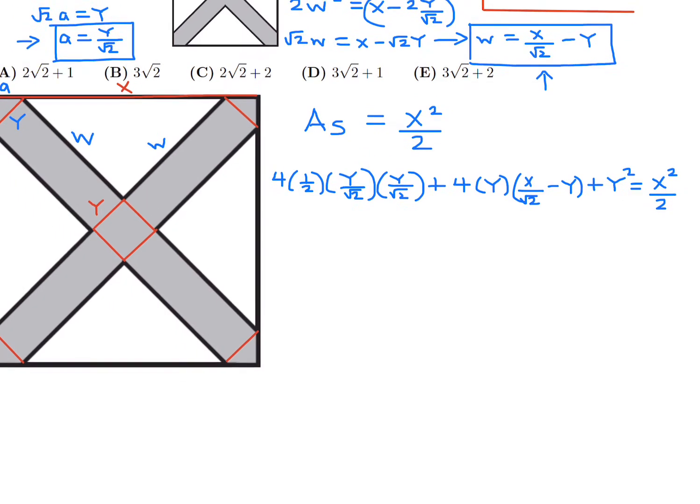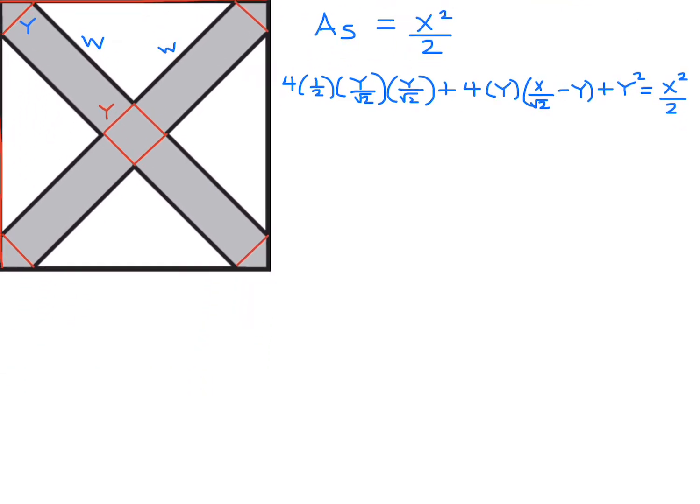All right, so let's work with this without making any mistakes. So we've got, let's see here, 4 divided by 2, 2y squared over 2. Okay, this one, 4xy over root 2. And then 4y squared plus y squared is equal to x squared over 2.